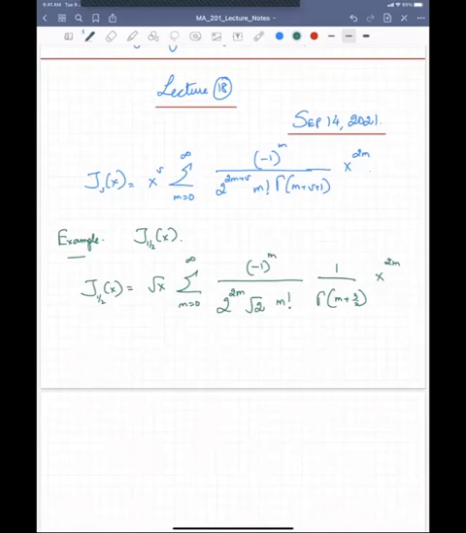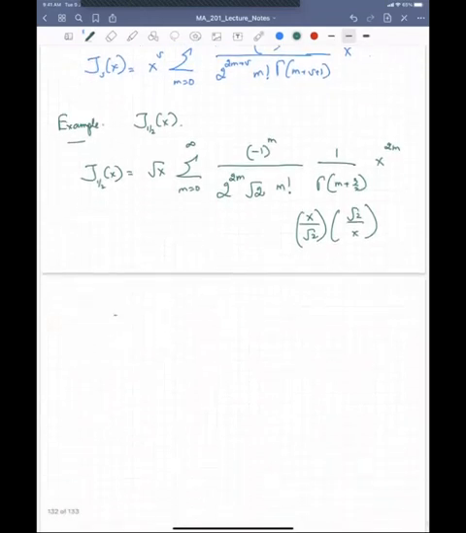Now I can multiply and divide this by x over root 2. The reason I do that will be apparent in a second. Of course, this is just 1, so I can always multiply by 1.